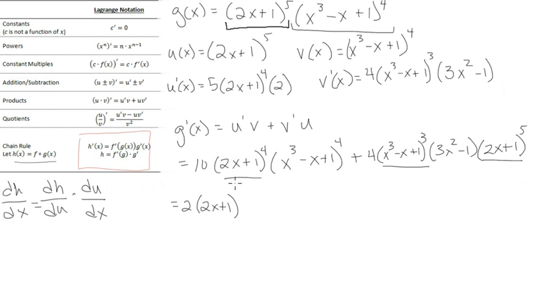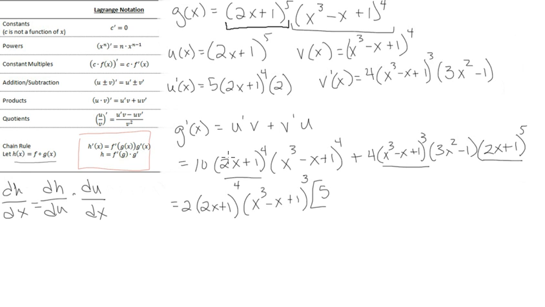So that's 2x plus 1 to the 4th. And again, with x cubed minus x plus 1, as I'm simplifying, that'll be cubed. That's the smaller of the two powers. So I factor those things out, and now I look at my two terms and I say, what's left? Well, I have a 5 left here.